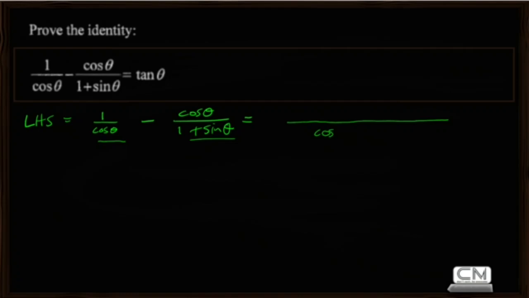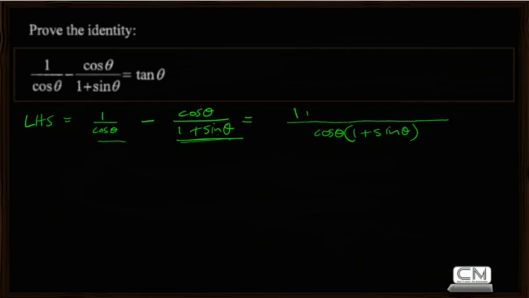So cosine of theta multiplied by 1 plus sine of theta is something we can do. So we'll have to take this 1 and multiply it with the denominator that it doesn't have in the original fraction.